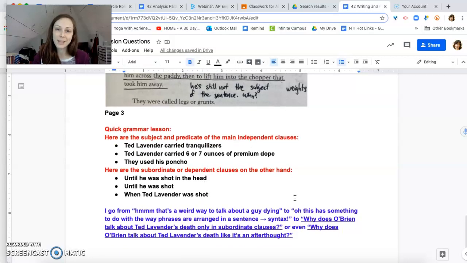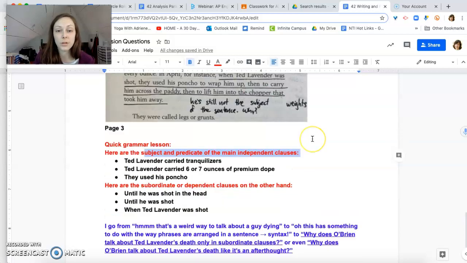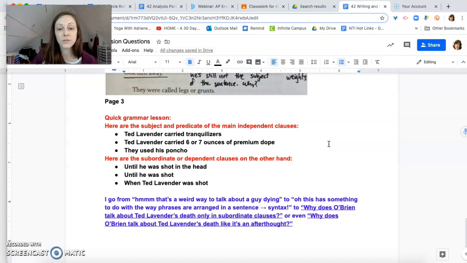And as a quick grammar lesson, we didn't have a chance to really delve into subordination and subordinate clauses, but we started talking about it a little before we all went home. A cool thing to notice is that if you look for the subject and predicate of the main independent clauses in each of these 3 sentences about Ted Lavender, they are: Ted Lavender, our subject, carried tranquilizers, our predicate; Ted Lavender carried 6 or 7 ounces of premium dope; and they used his poncho.